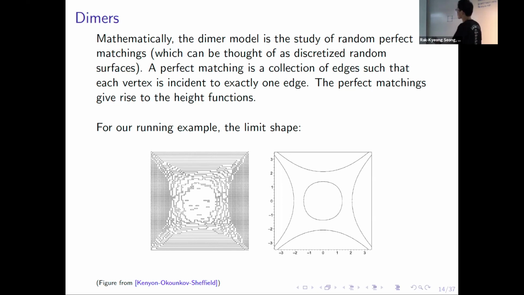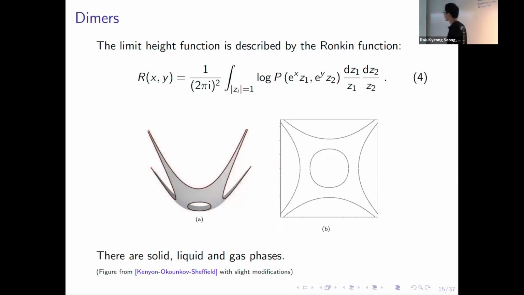So if we really zoom out and choose these random perfect matchings in the sort of, if you like, you can think of this as some thermodynamic limit, we have this amoeba. So in this limit, the height function can actually be described by this Ronkin function, which is given in turn by the Laurent polynomial as this integral.